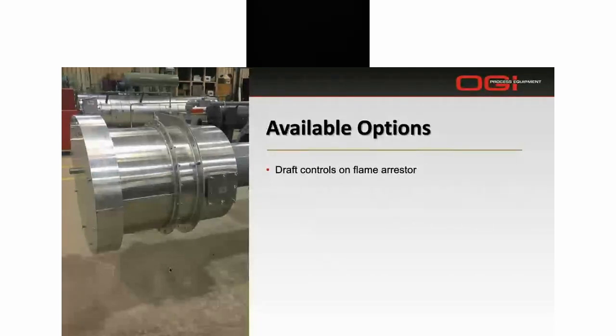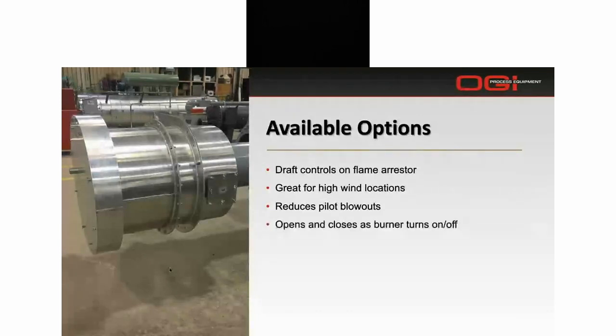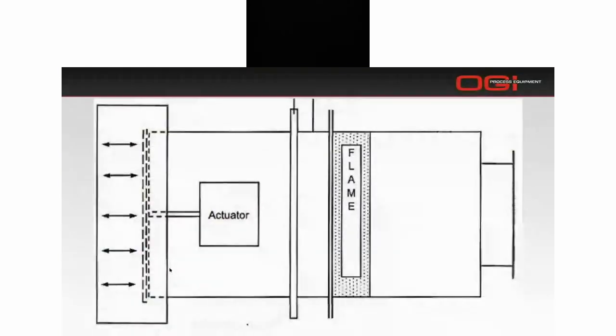The way it works is when your burner turns on, a draft diverter plate opens up to allow air to flow into the flame arrestor, and when the burner turns off, it closes back. Here's the diagram of what that looks like, and the actuator uses that instrumentation air, that 20-pound pressure, to open the plate on the left-hand side and open and close as the burner comes on and off.